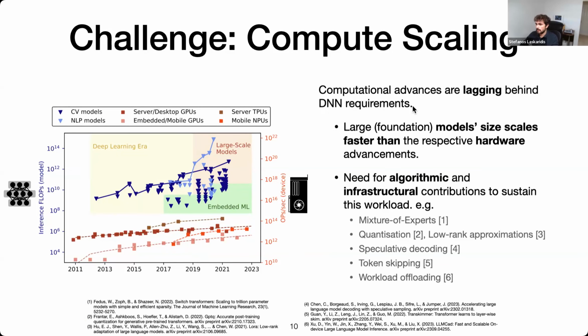So in the past, deep neural network workloads have been largely enabled through the advancements in accelerator hardware design at an acceptable cost. Undoubtedly, GPU hardware has made its impact towards deploying machine learning in the wild. However, lately, computational advances scale slower than the new model requirements as we're entering the era of large-scale models or foundation models.